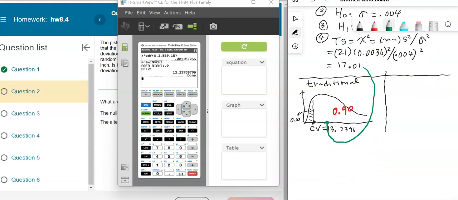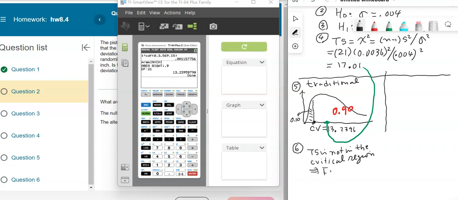Okay. So if I call this step 5, since our test statistic is not in the critical region, what do we do?